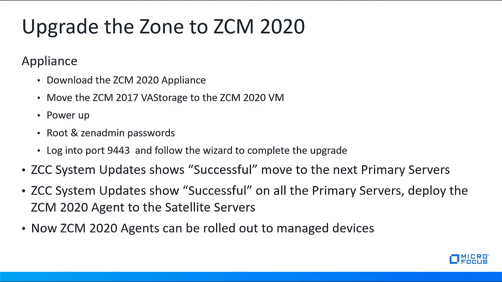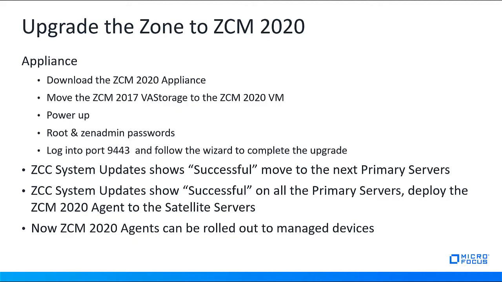You'll identify the ZCM 2017 VA storage volume and move that to the 2020 VM. That'll be the second disk. You'll power up the ZCM 2020 appliance and give it the root and ZenAdmin passwords. Then you'll log into port 9443 and follow the wizard to complete the upgrade. It should bring in the identity of the 2017 zone.